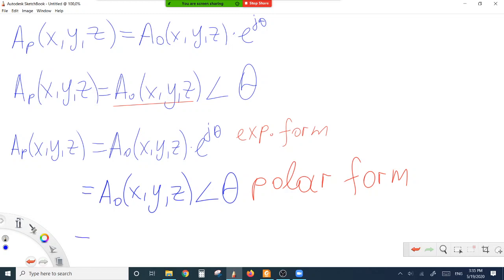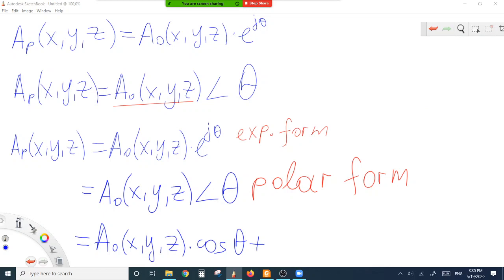And finally, a phasor can also be written in rectangular form, which is A0, which depends on x, y, and z, multiplied by cosine theta plus j A0(x, y, z) sine theta.